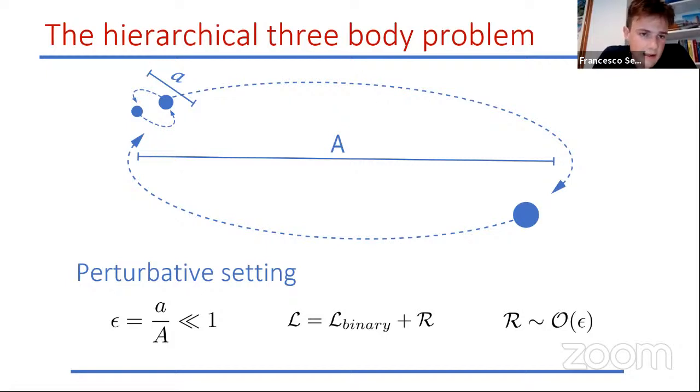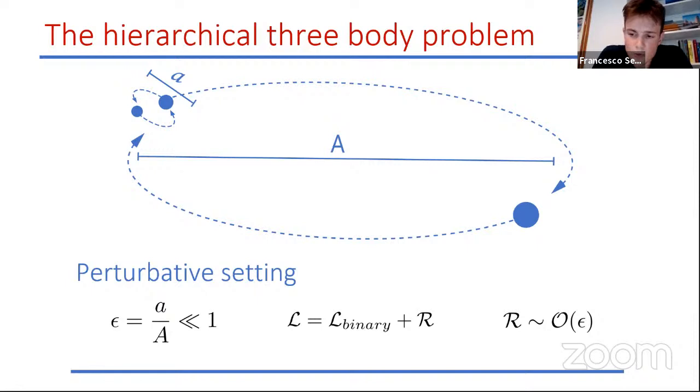And this hierarchy allows us to set up a perturbation theory because we can build a dimensionless parameter, this ratio of the typical separation length scales, which will be much smaller than 1. Basically what happens is that the third body acts as a perturbation on the other two bodies, which form a binary system which is only slightly perturbed.